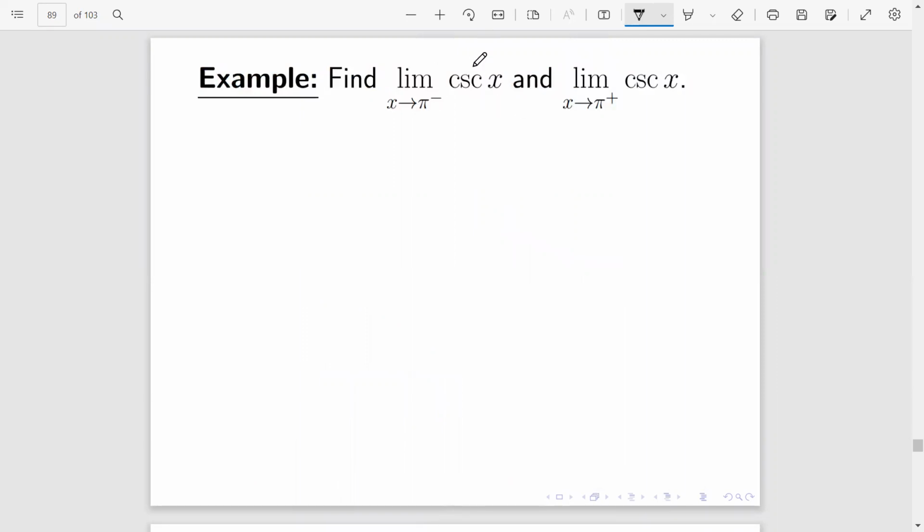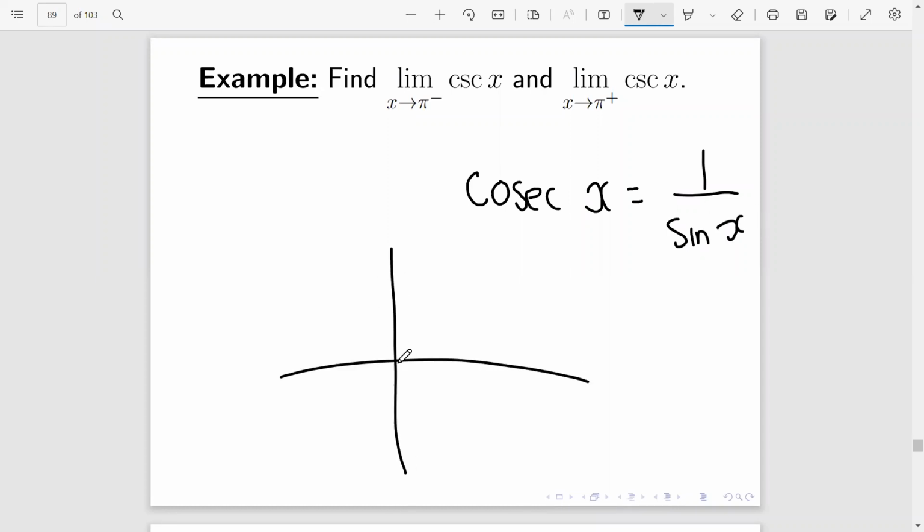We have this function here, csc. This is another notation for cosec, which is short for cosec x. Remember that cosec x is the same thing as 1 over sin x. If you remember the function of sine, it looks something like that.